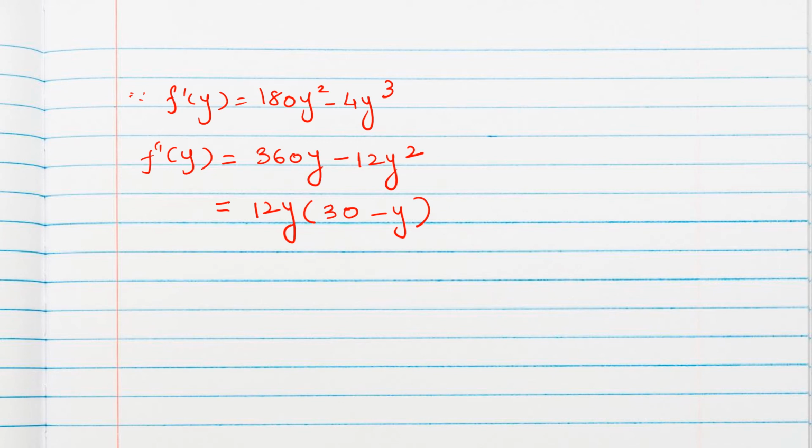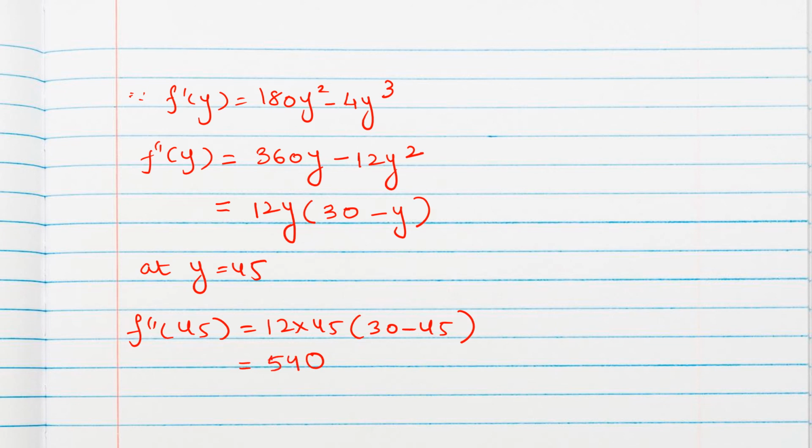Now we will check at 45. So at y equal to 45, f double dash of 45 will be 12 into 45, into 30 minus 45. So this will give 540, and this will give minus 15.